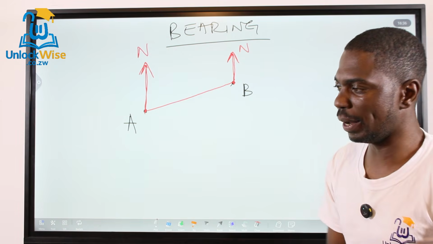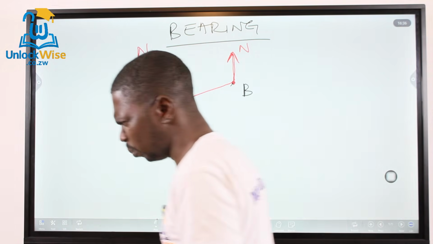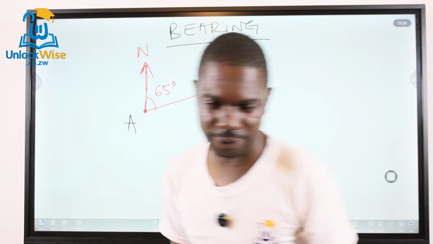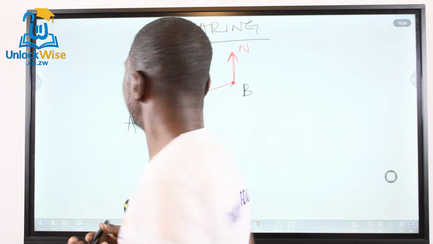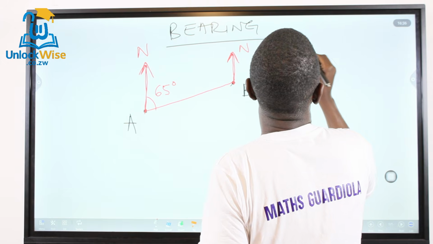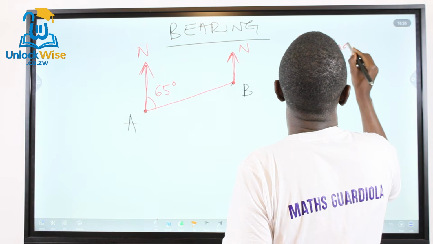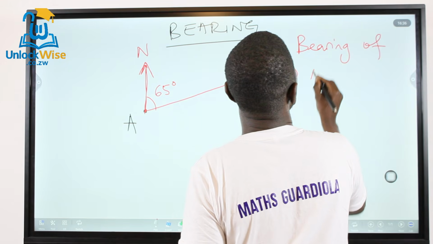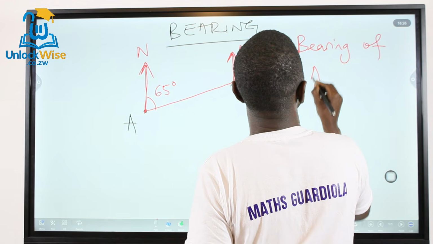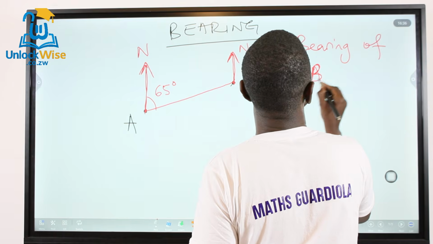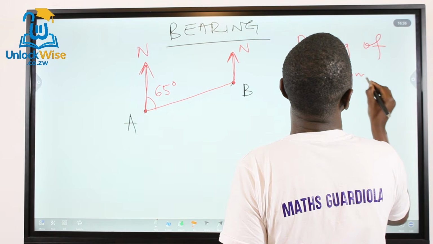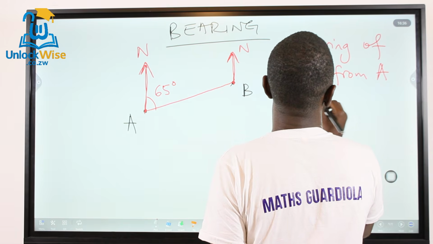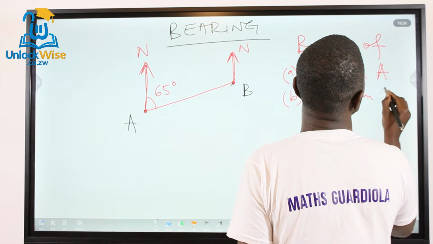These two are now parallel lines. And if I am to put this one as 65 degrees, then we want the bearing of B from A. And then we also want the bearing of A from B.